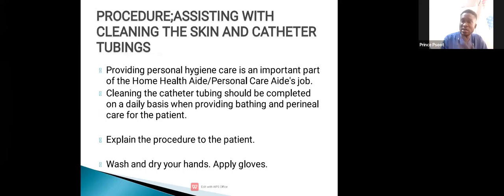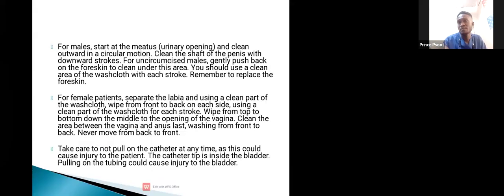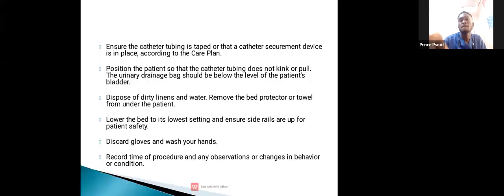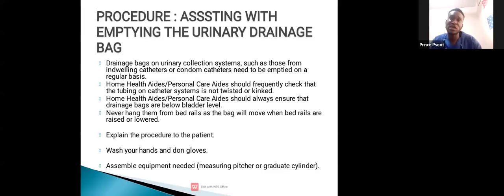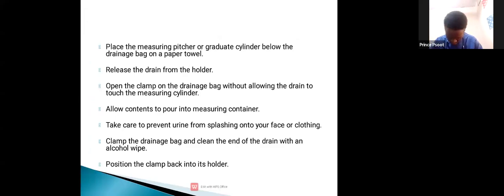Then we talked about assisting with cleaning the skin and catheter care. We talked about assisting with emptying the drainage bag, and that was where we ended the class today.